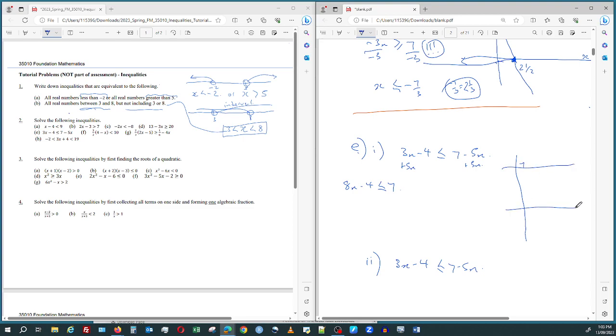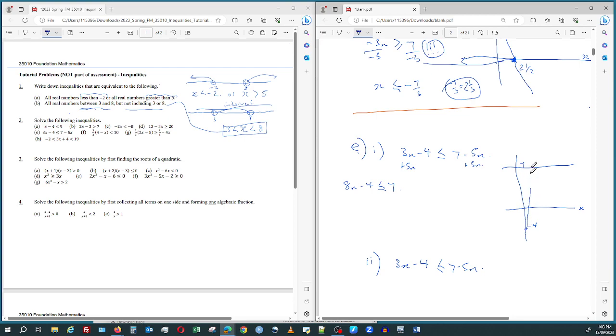So based on what we've been doing, 8x minus 4 would put us down, and 7 would be here. So minus 4, that would be our x, minus 4 is here, and it's also a solid line. And I don't know why I drew that one in actually, minus 4. Didn't need that, sorry, just where it cuts the x-axis. So that's good. And 8x, so there's our minus 4. 8x is very steep.